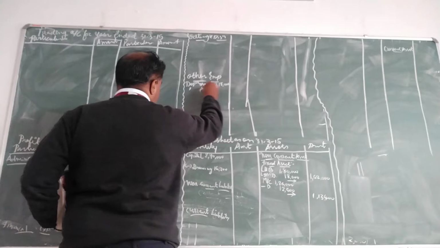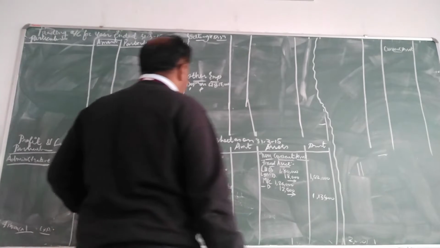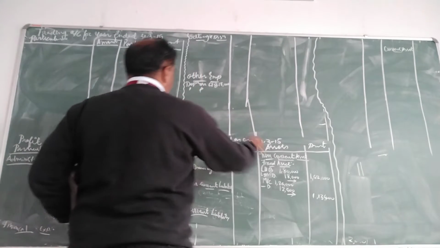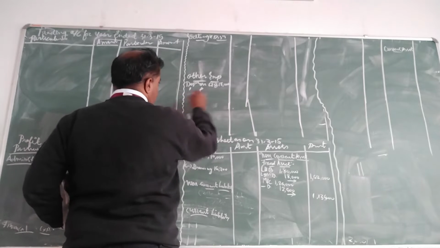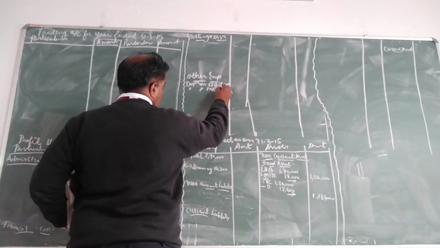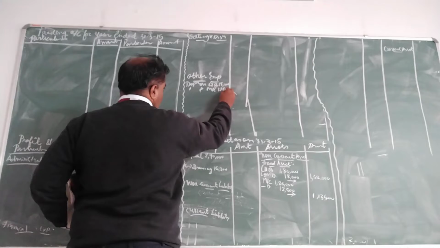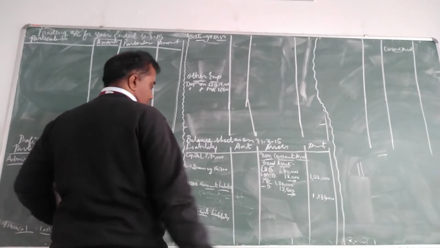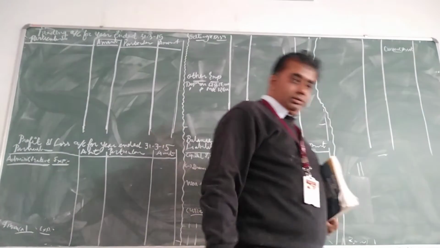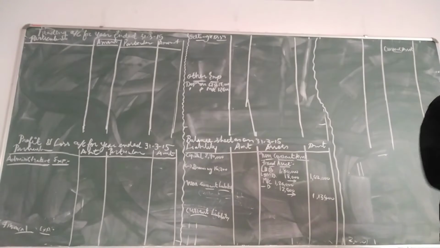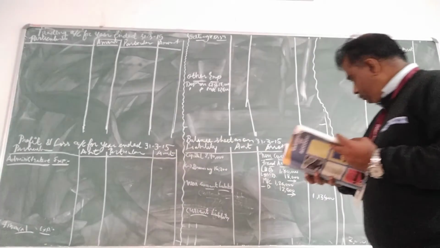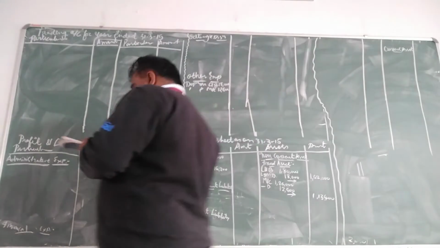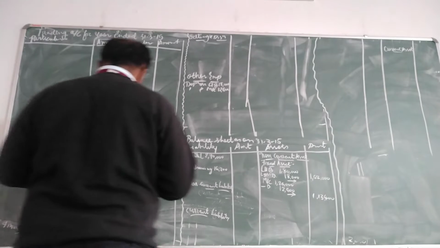Profit and loss account debit, under the head other expense, 12,600 machinery. Okay. Then next, furniture.